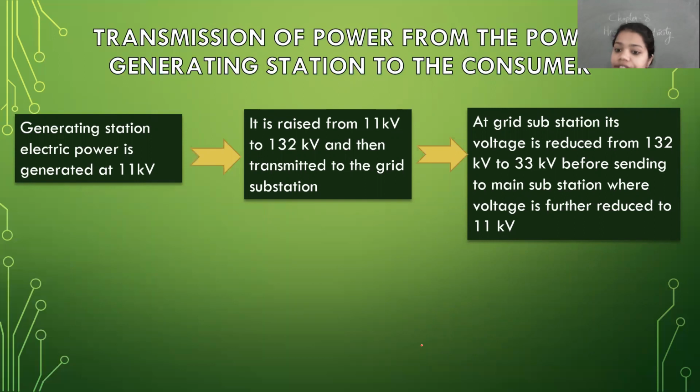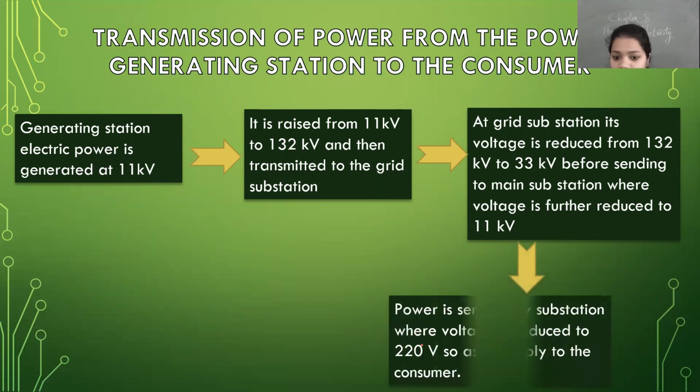And there the voltage is further reduced to 11 kilovolt. And finally, power is sent to the city substation where the voltage is reduced to 220 volt so as to supply to the consumer. So at your home, or to the consumer, it is supplied at 220 volt. Again, why is this power raised and decreased?